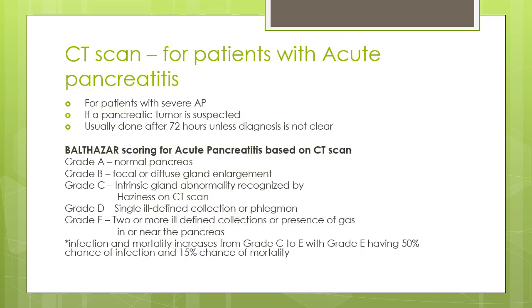CT scan is usually done after 72 hours unless the diagnosis is not clear. The Balthazar scoring for acute pancreatitis is graded from A to E, with A and B having good prognosis, while those with a Balthazar score of C to E have an increasing chance of mortality.